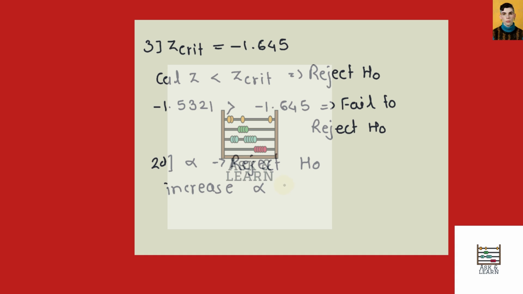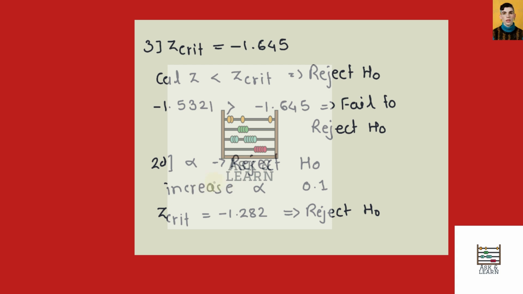It means we need to increase the level of significance alpha. If we take alpha equal to 0.1, we get the Z critical value as minus 1.282. At this Z critical value, our calculated Z value is less than minus 1.282, so we will reject the null hypothesis.